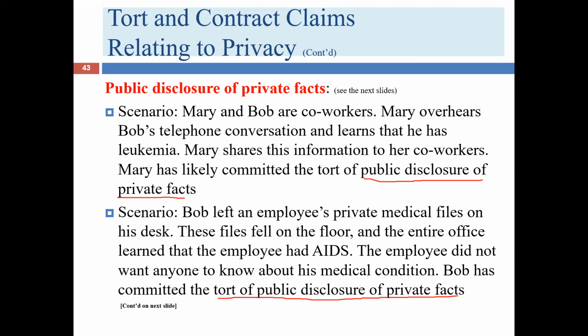Let me pause here and say that Bob individually would be guilty, but because Bob was having this record in his capacity as an HR manager or perhaps as a supervisor, the employer would also likely be guilty.